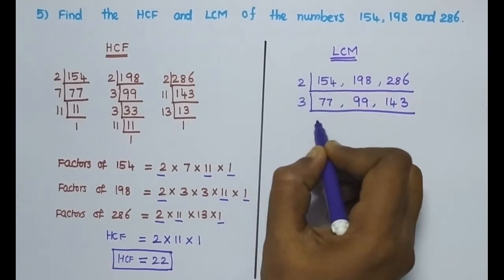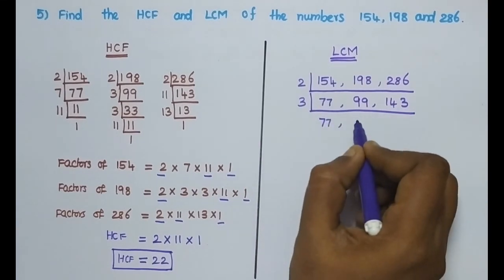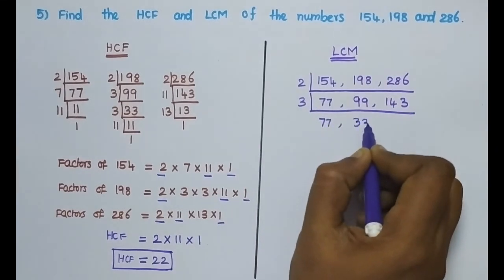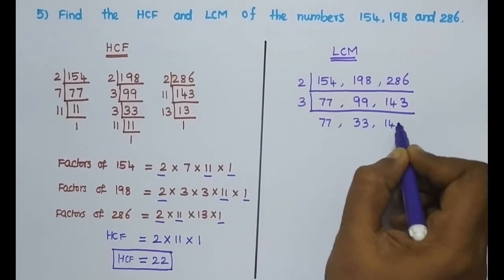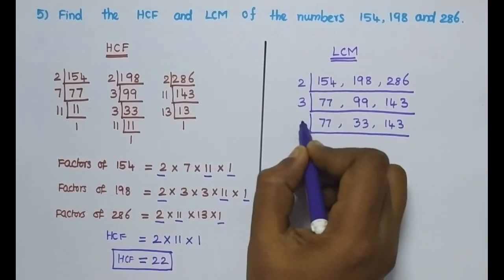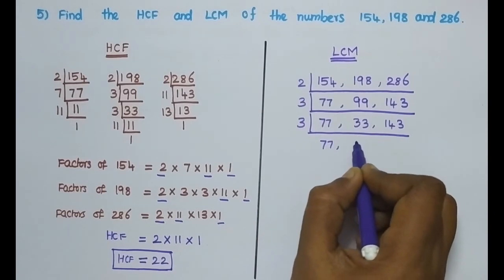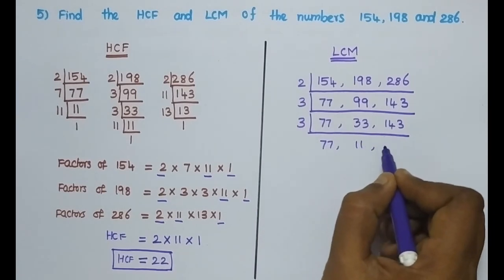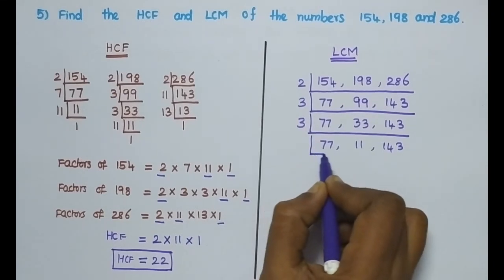Next, 3. 77 is not possible, here 33, 143 is also not possible, so write down as it is. Again divided by 3: 77, 11, 143.